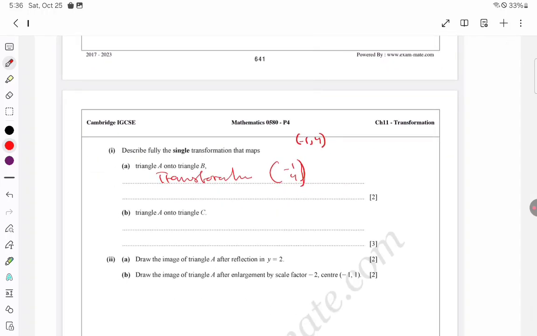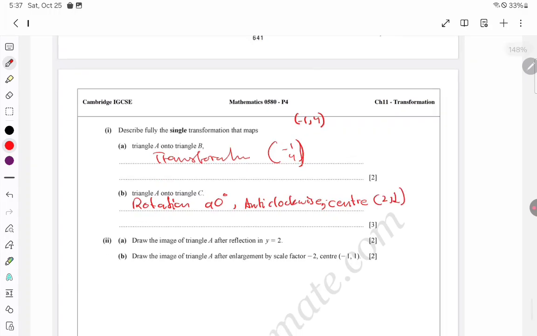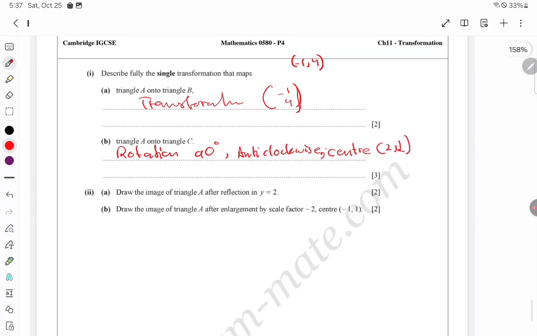Now we can write that the rotation is 90 degree in the anti-clockwise direction with center 2, 1.